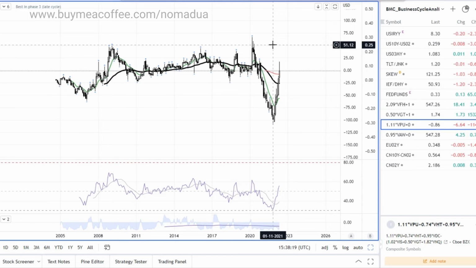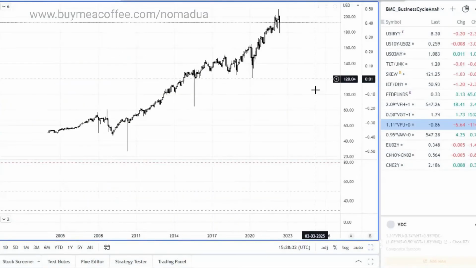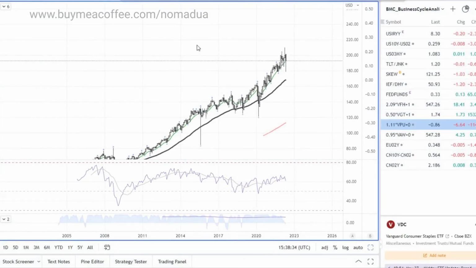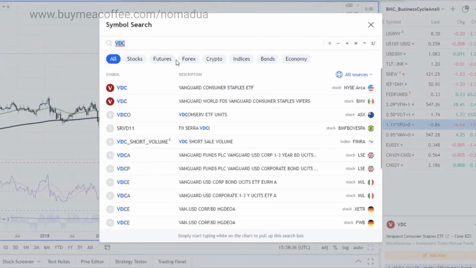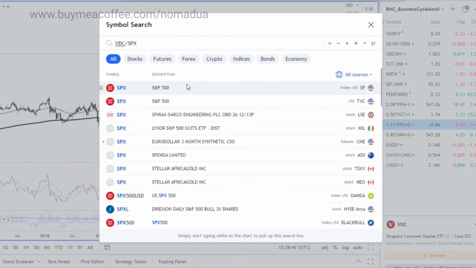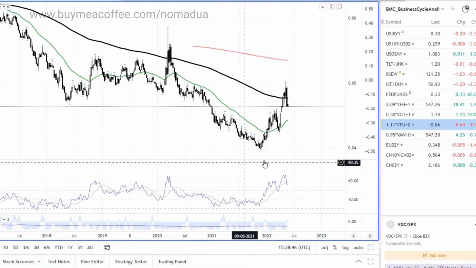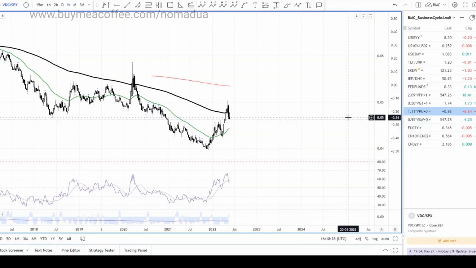So, for example, if we take just staples, for example the VDC, and divide it by the S&P, you see that these stocks have been growing since the beginning of the year.